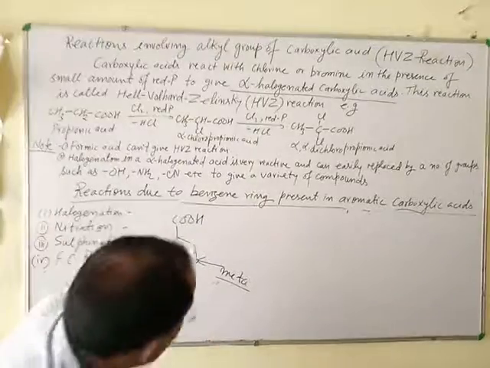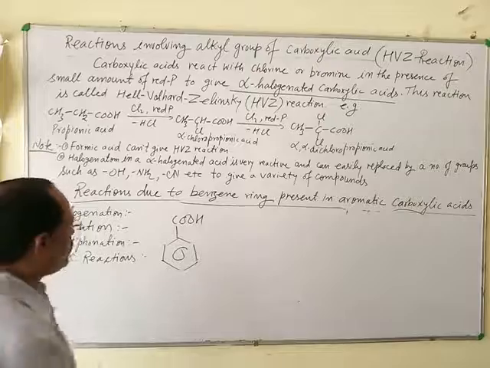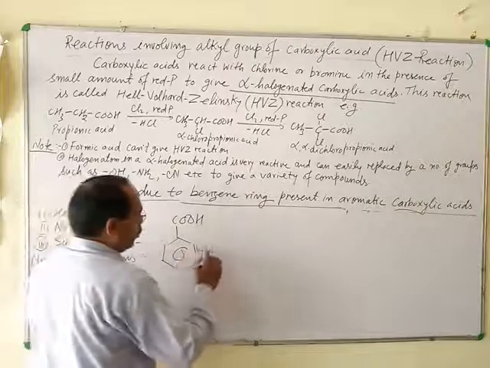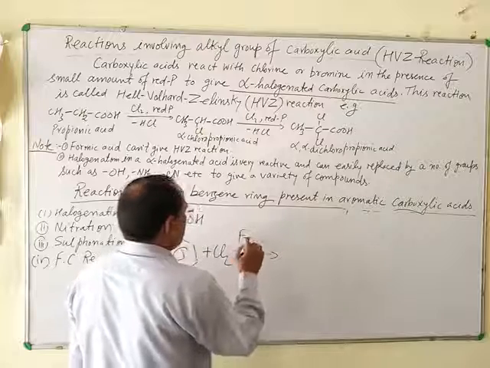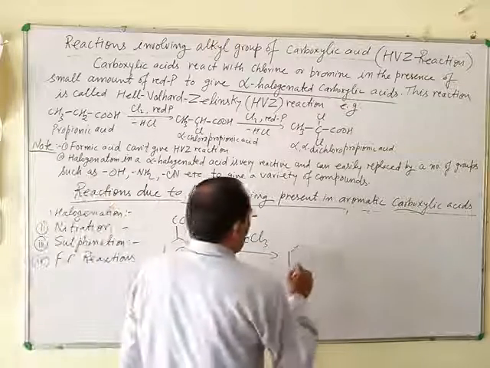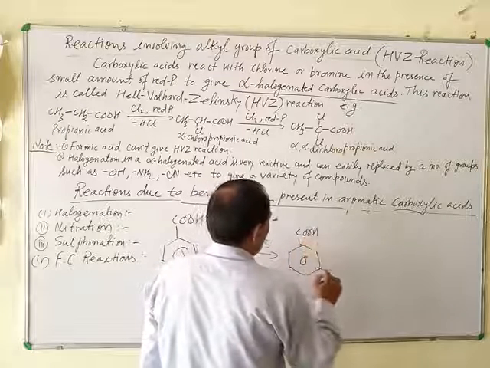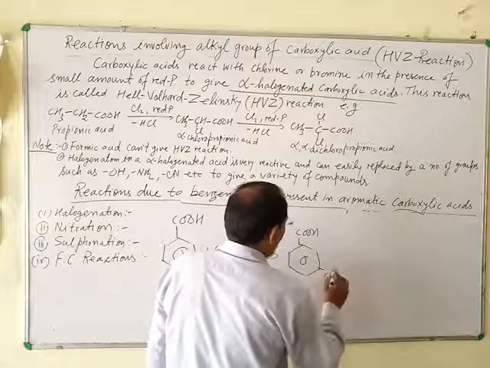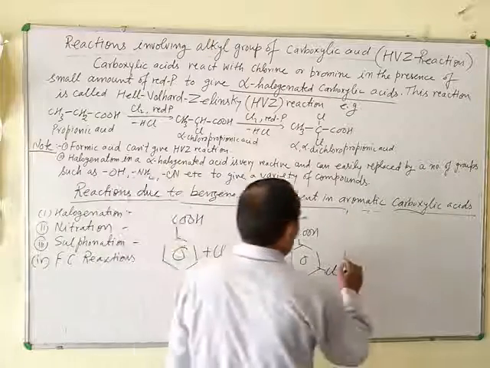That is why when benzoic acid is chlorinated, it reacts with chlorine in presence of FeCl3 halogen carrier. Only meta-chlorobenzoic acid is obtained plus HCl.